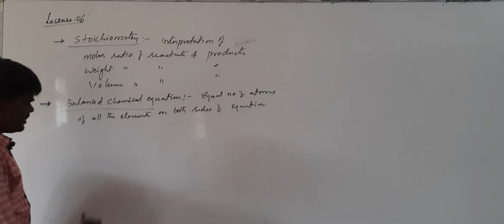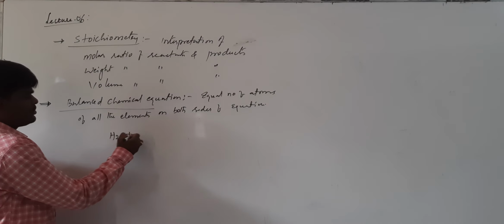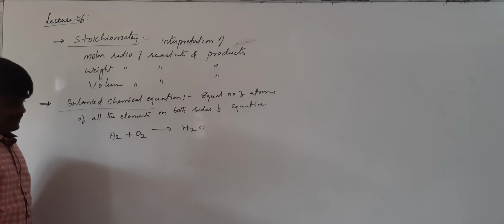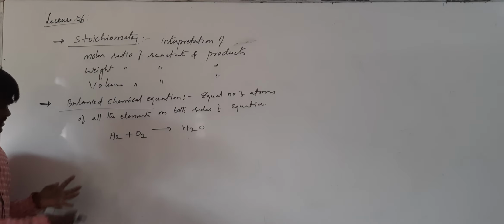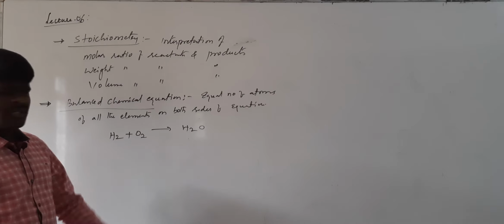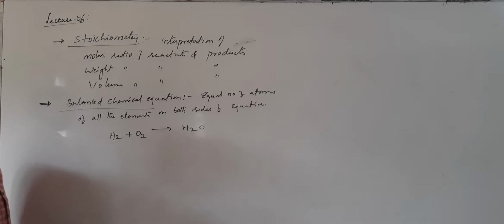For example, take the reaction of hydrogen gas with oxygen gas to produce water vapor. This equation represents a chemical change, hence we call it a chemical equation, whether it is balanced or not.